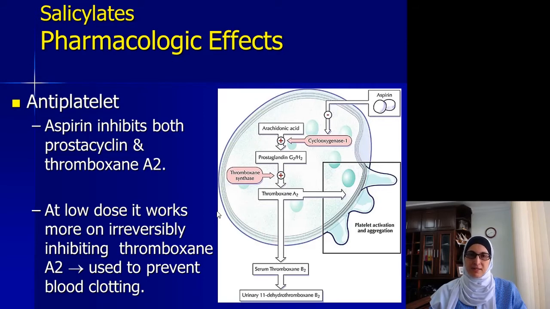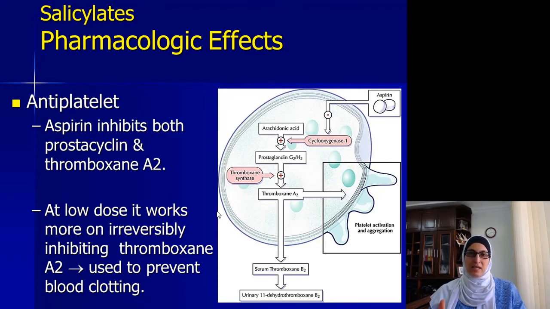Regarding the antiplatelet effect, remember that we stated NSAIDs block both COX-1 and COX-2, so they block both the thromboxane that enhances thrombus formation and the prostacyclin. So it does not really affect the bleeding.